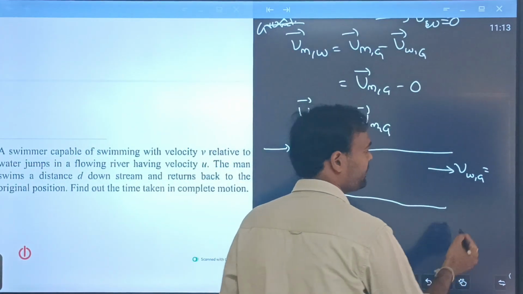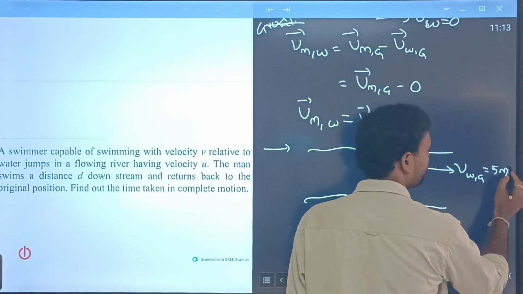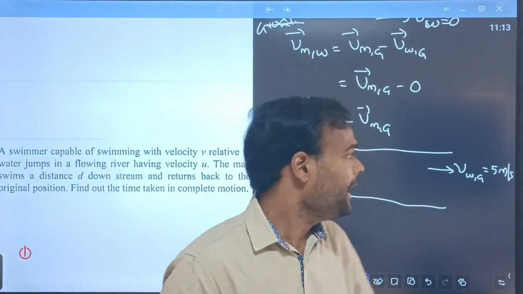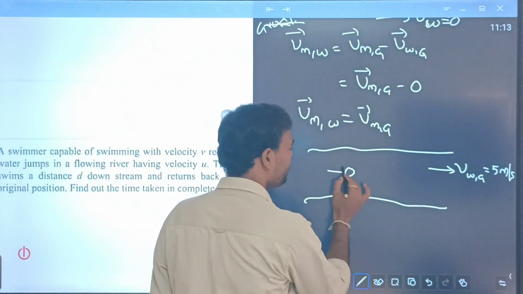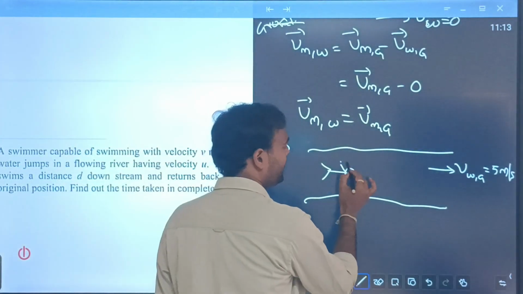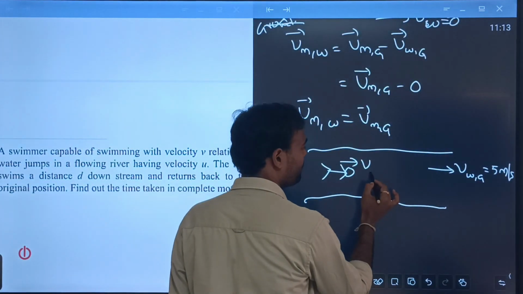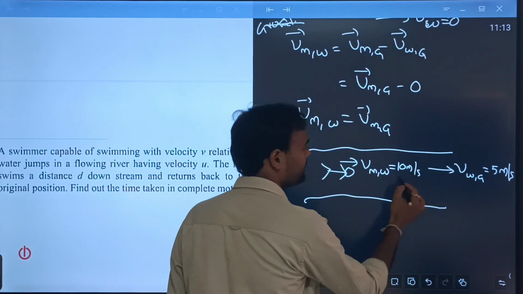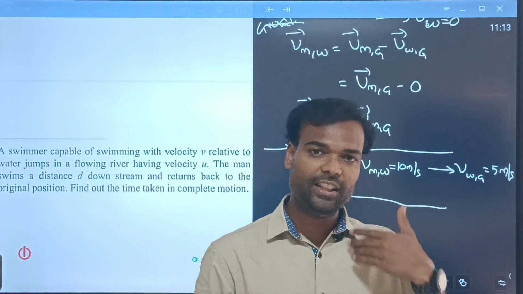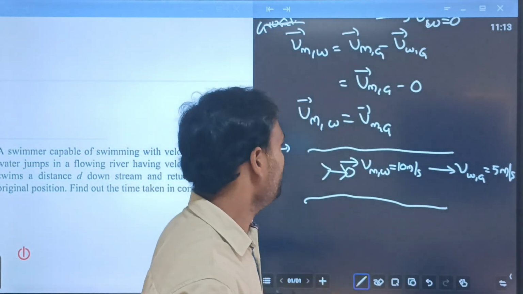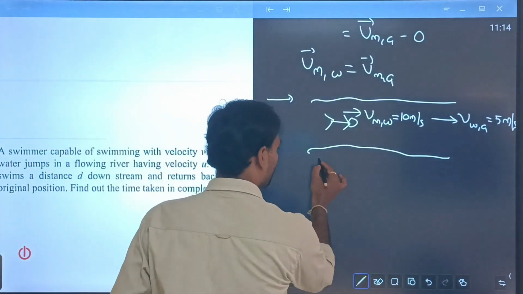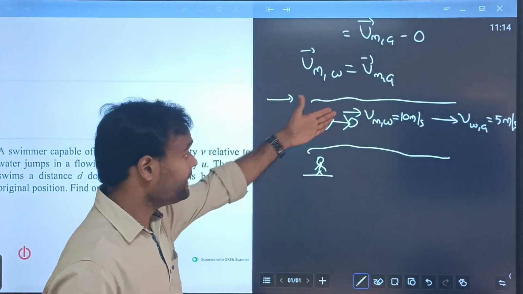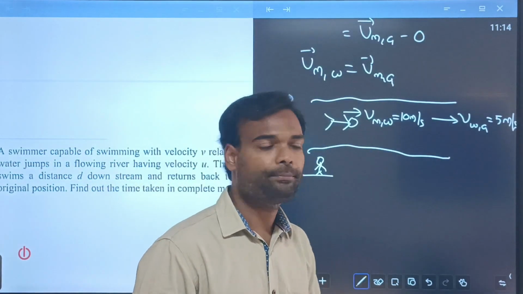And if this river is moving with 5 meters per second in the forward direction, and the person who is swimming has the capacity, velocity of man with respect to water is 10 meters per second. Let us assume it is not possible, still let us assume. Right? Now, what is his velocity if a person standing here is observing the situation?